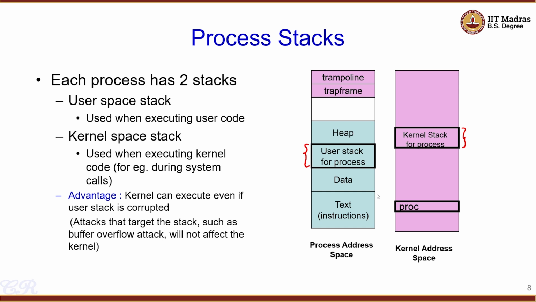On the other hand, when this process invokes a system call or there is an interrupt that gets executed, then the kernel executes and makes use of the kernel stack for the process. So, this kernel stack is used mostly when there is a system call or when there is an interrupt that executes.